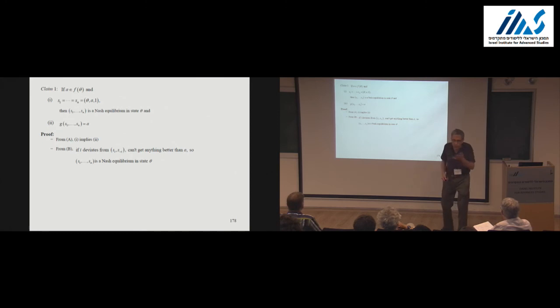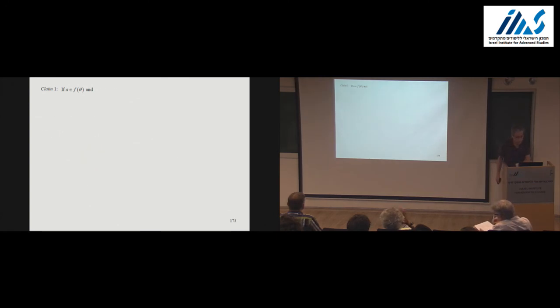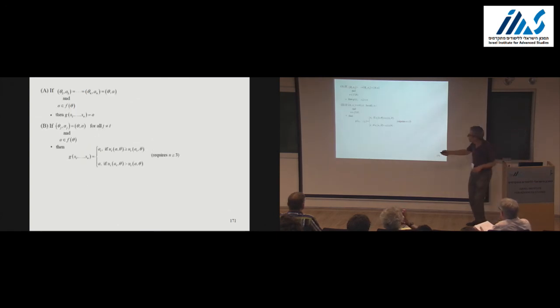Well, person I could deviate and play some other strategy, and in fact, by construction, person I can get any outcome AI which is no better than A for the true state.